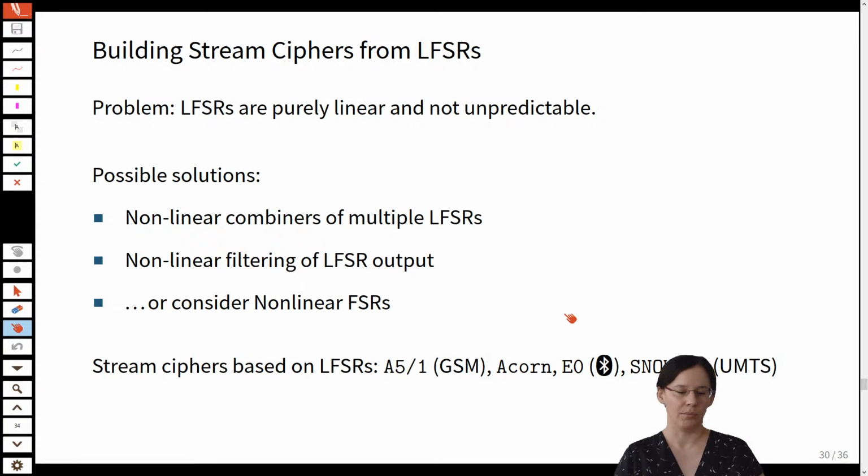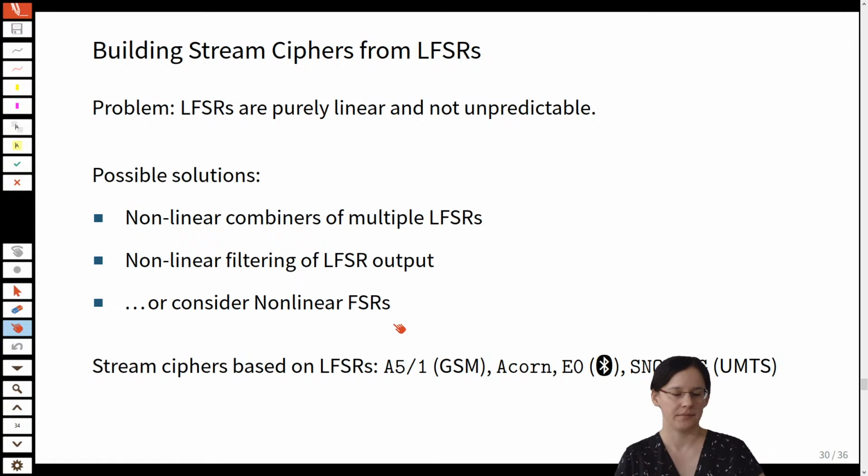Some of these examples include that I can have multiple LFSRs and output not the key stream itself, but a nonlinear function of these individual output streams. I have a picture in a moment. You can also use other forms of nonlinear filtering, or, as I said, it's a bit difficult, but you can also use nonlinear feedback shift registers.